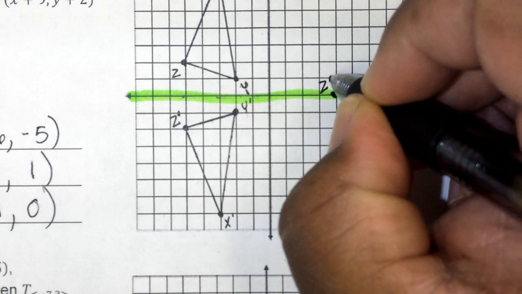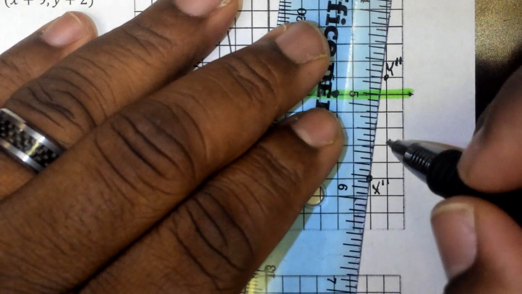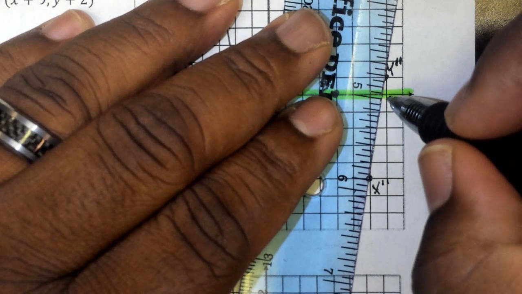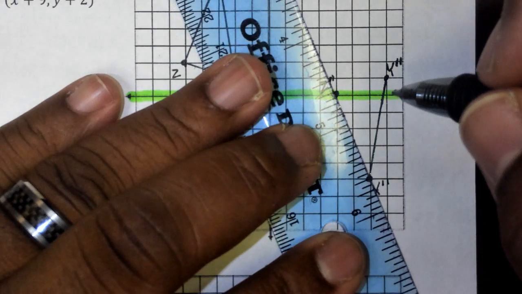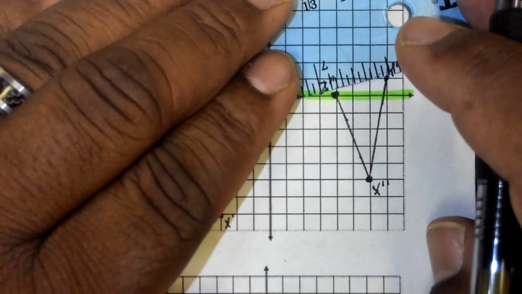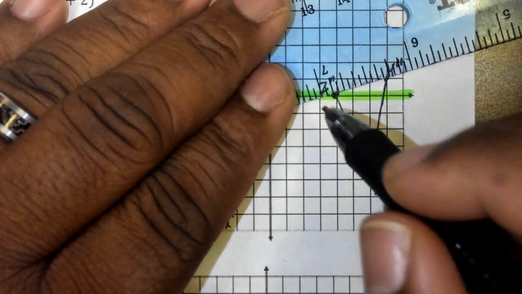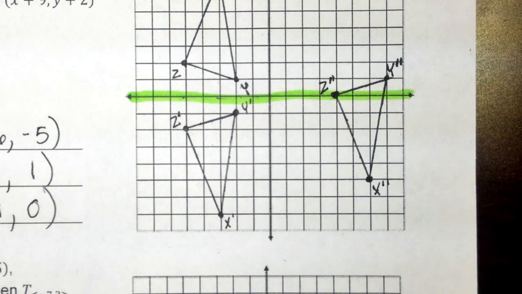That's Z double prime. Calling that in there. Alright, so that's a reflection over the x-axis, then the translation, x plus 9, y plus 2.